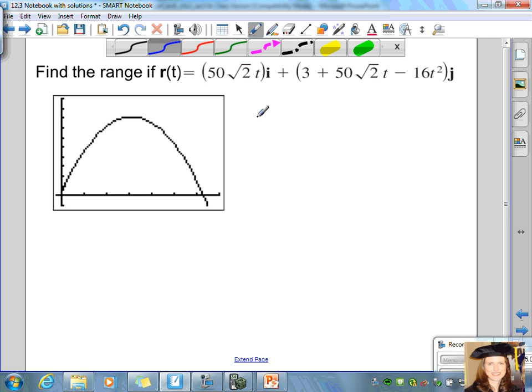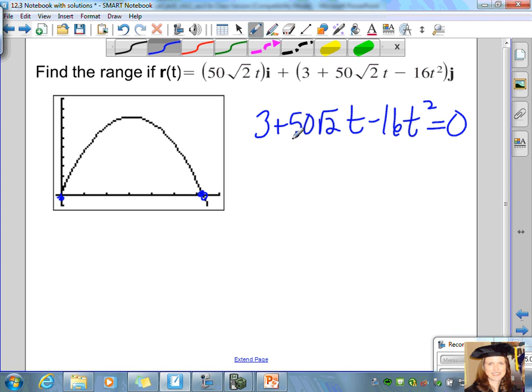So we have 3 plus 50 square root of 2t minus 16t squared. We want to know when that equals 0, because at that time the vector valued function for position will give you some x value, some distance to the right, and a vertical distance of 0.